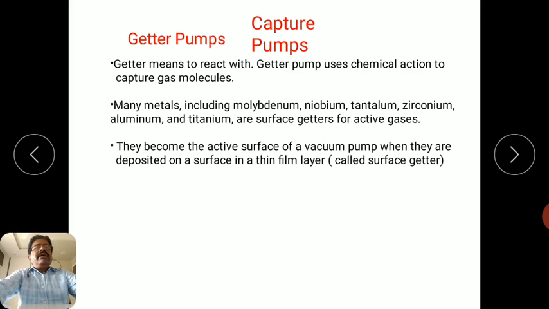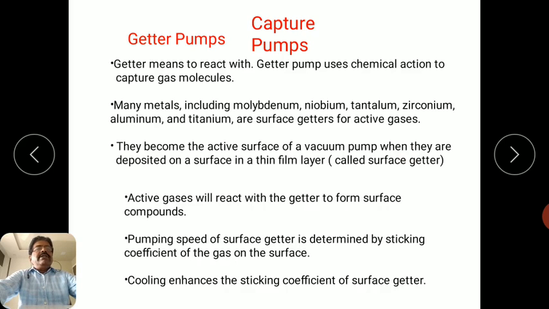They become the active surface of a vacuum pump when they are deposited in thin layer form. Such a thin layer of these active metals formed on the inner surface is called a surface getter. So this is the important term, surface getter.